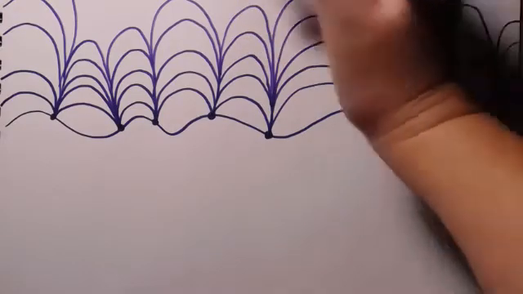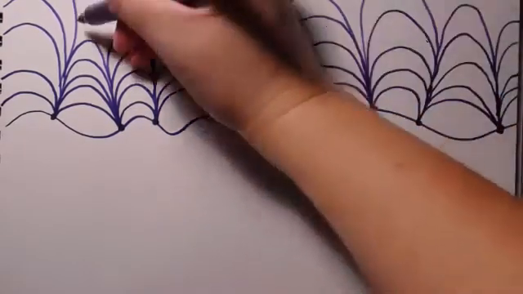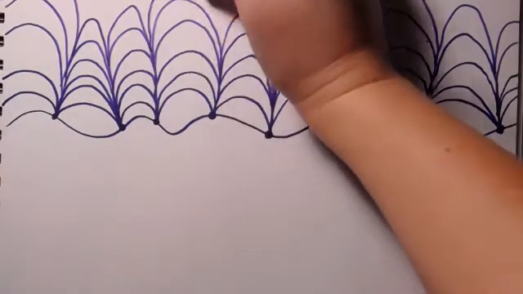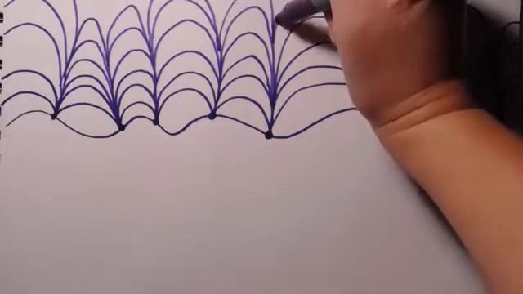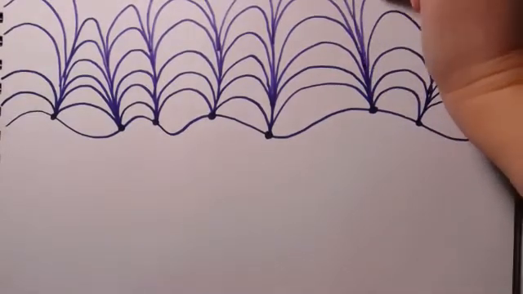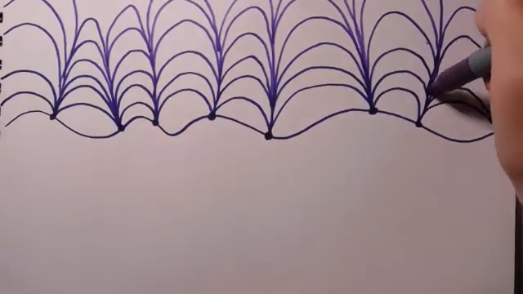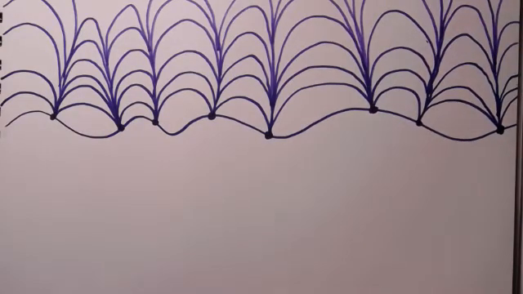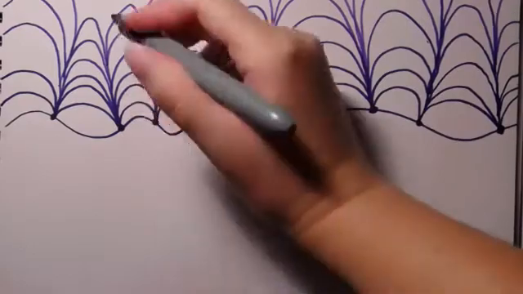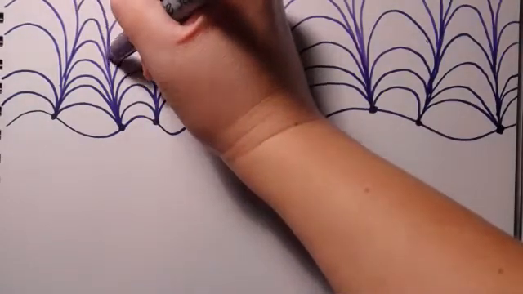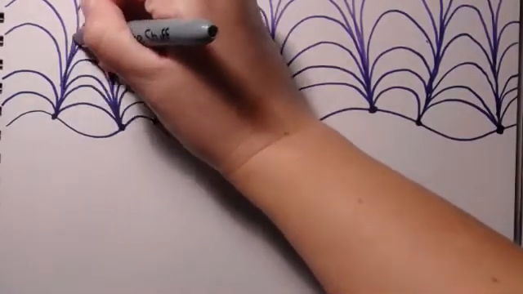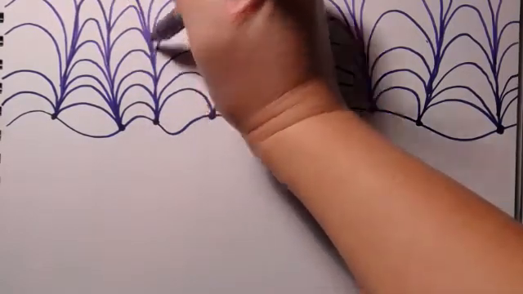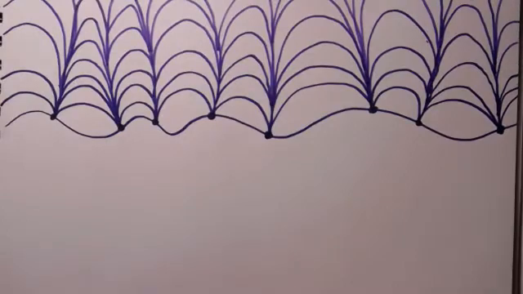They're all different shapes and sizes. And over here, I'm going to do another one right there. We are almost done. Let's see, we have a little bit of space right here. And I think that'll fill all of that in.